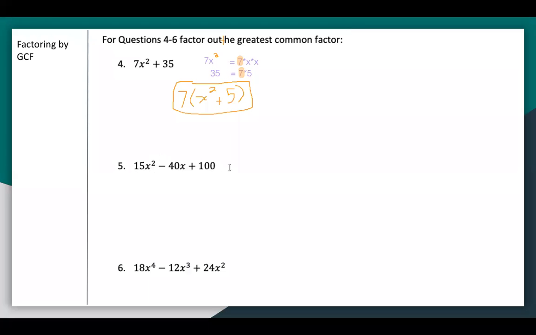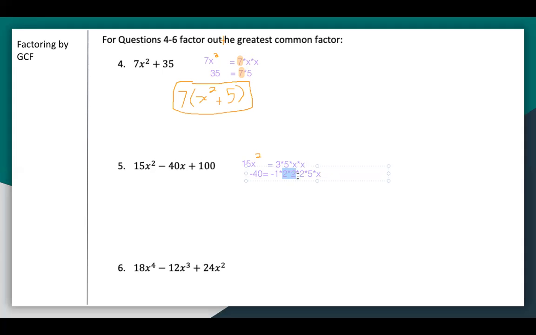15x squared minus 40x plus 100. Well, 15x squared is equal to 3 times 5 times x times x. Okay. 40 is equal to, actually it's negative 40, sorry. Negative 40 is equal to negative 1 times 2 times 2 times 2 times 5 times x, okay?